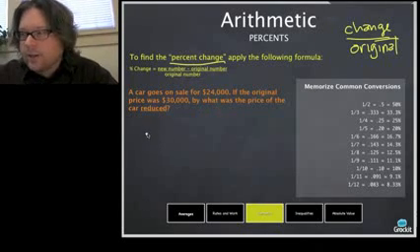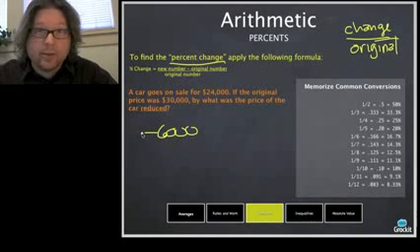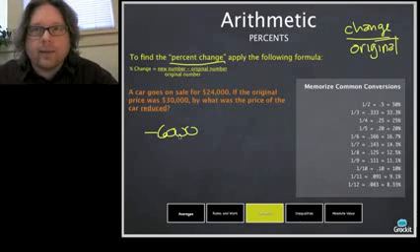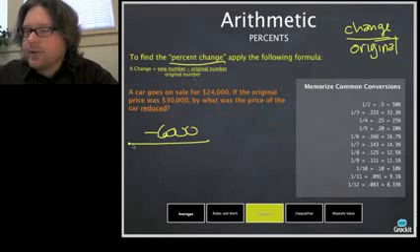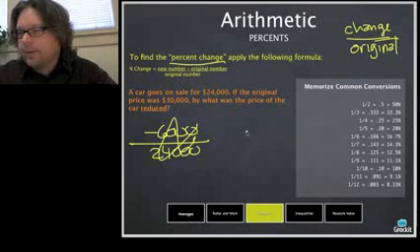So the amount of change is minus 6,000, because it went down 6,000. You do need to put that minus in there, because otherwise you'll end up with a positive when in fact it went the other way. So the amount of change over the original, which is 24,000. Oh, excuse me, that's not true.